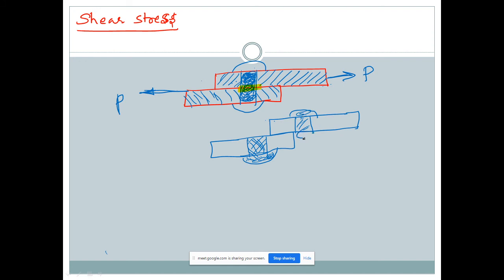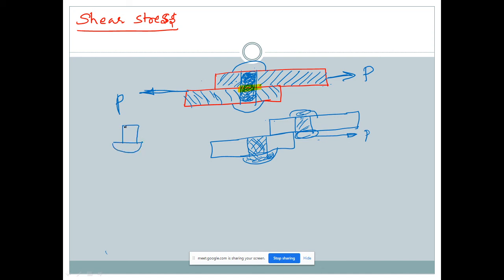Now if you consider its cross-sectional area, look out whether the load is parallel to the cross-sectional area or perpendicular to the cross-sectional area. Now I'll go for the sheared out rivet here.